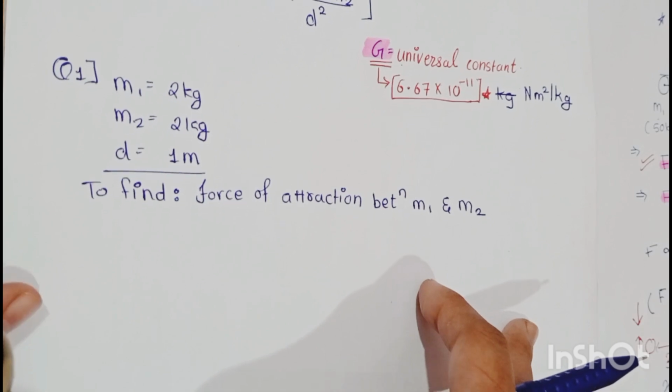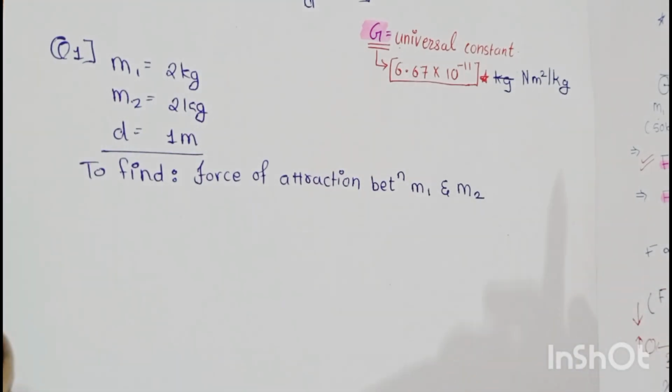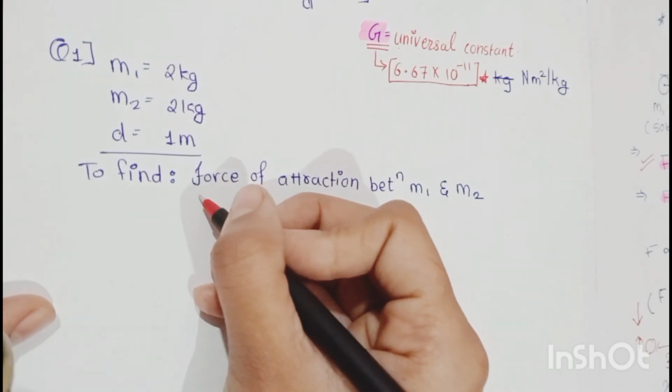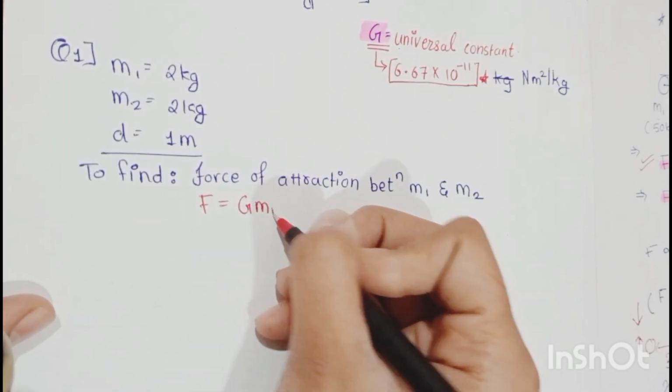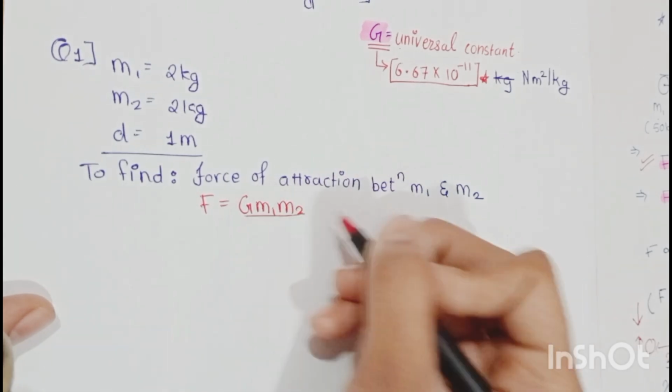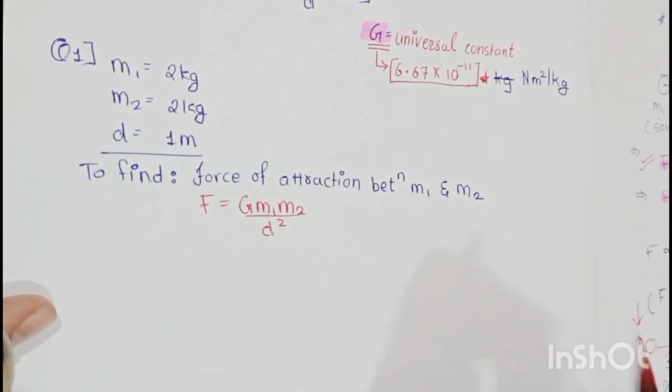We know the formula to find the force of attraction. So what was the formula? Yes, it was F equals G times the product of M1 and M2, divided by D square.